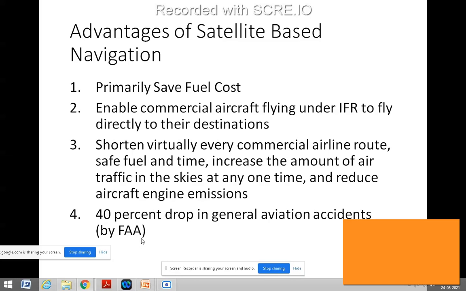Federal aviation administration. This is the standard which is given for aviation. They gave the data that by using satellite based navigation, you can reduce aviation accidents by 40 percent.